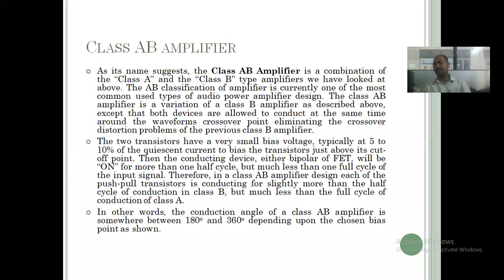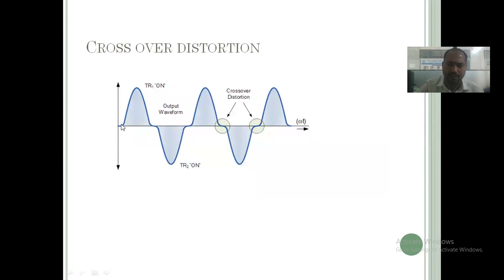See, in case of class A amplifier, it should work for the full 360 degrees, and class B should work for 180 degrees. So the combination of it indicates that we have a problem. We have a problem with respect to only two cases, that is 0 to some degree and 180 to some negative degree. We have a problem in between 0 to this and 180 to some degree.